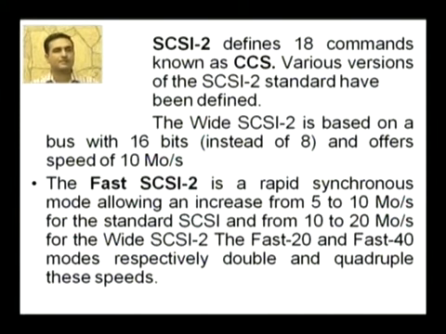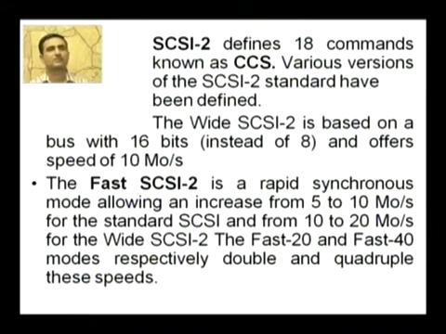And fast SCSI 2 is a rapid synchronous mode, allowing an increase from 5 to 10 Mbps from the standard SCSI and from 10 to 20 Mbps for the wide SCSI 2. The fast 20 and fast 40 modes respectively double and quadruple these speeds. So what is the difference between SCSI 2 and fast SCSI 2?